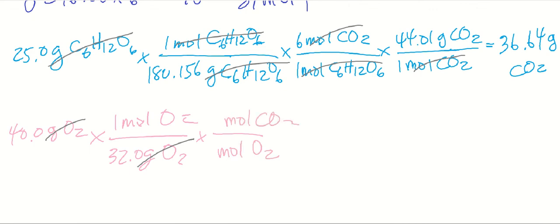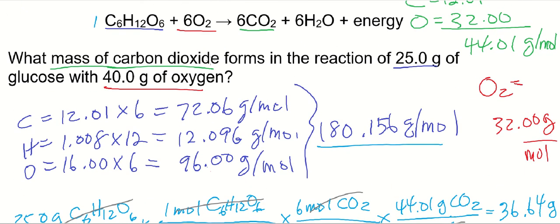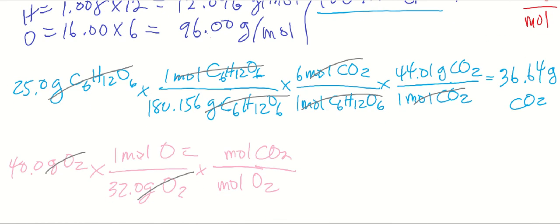All right, I believe it's 6 to 6 or 1 to 1. Yep, for every 6 moles of oxygen, we're going to produce 6 moles of carbon dioxide. So we can reduce that to 1 to 1, or I'll just write 6 to 6 for now. All right, I'm going to cancel out these units, keep track of those.